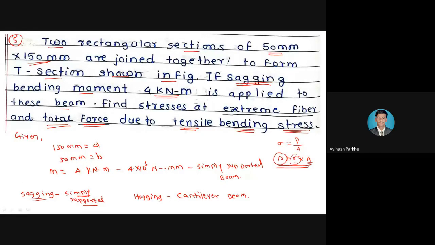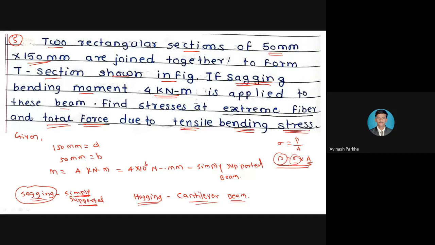Therefore, here the sagging word is mentioned, means we have to take the type of beam as a simply supported beam, and if hogging is mentioned in any statement, the type of beam is considered as a cantilever beam, if the type of beam and type of load is not mentioned in the statement. Now in this particular statement, type of beam we can identify by using the sagging, but the type of load is not mentioned.